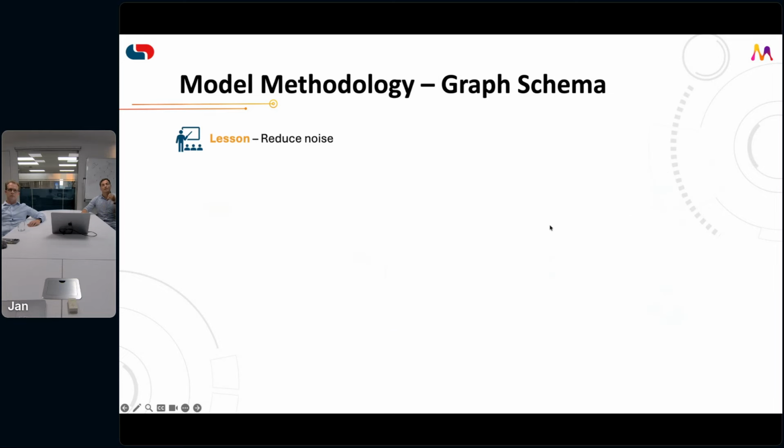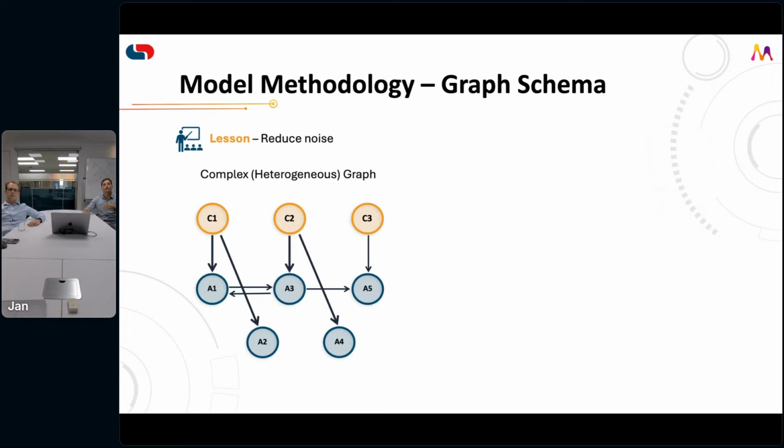So by doing this and creating the graph, what we also learned throughout the process is that by taking a more complex heterogeneous graph, you have orange nodes here, which represent clients, and they could have multiple accounts. So it can make the network or the graph very complex and sometimes very interesting to decipher.